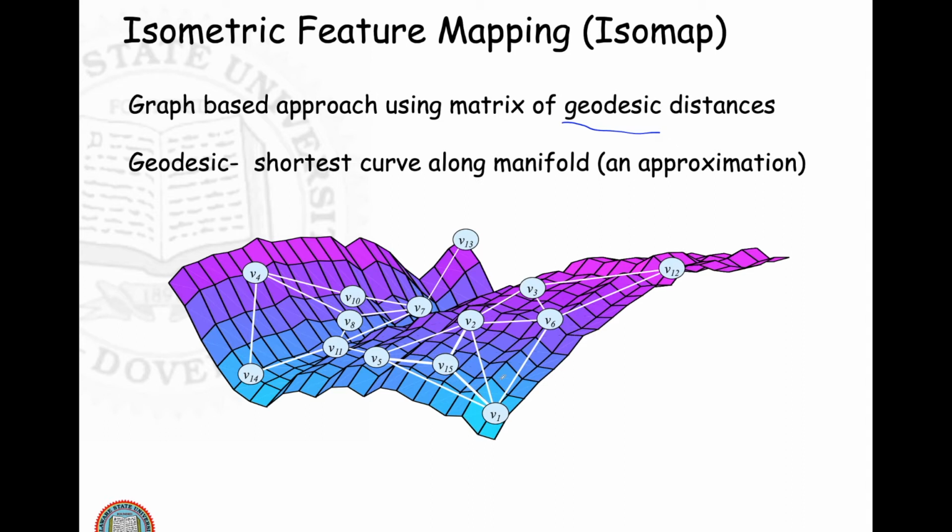Here we have the underlying manifold. Your data points are samples, or thought of as samples, along the manifold. To compute these geodesic distances in order to draw relationships between data points, we connect them using our k-nearest neighbor graph, and we make the assumption that the local patches along this manifold are well approximated by a linear segment. So we have this locally linear assumption.